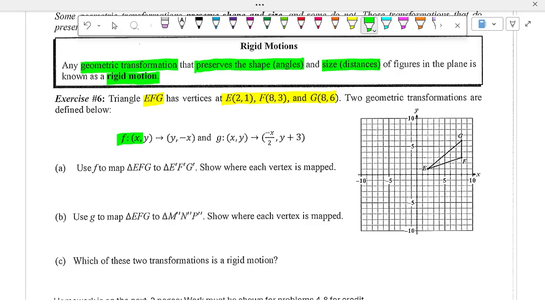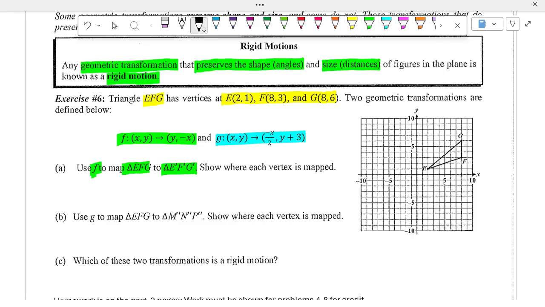So they gave us F and they gave us G. So these will make two different images on the graph when we perform the rules. So the first one says that we're going to use F to map triangle EFG to become E prime, F prime, and G prime.